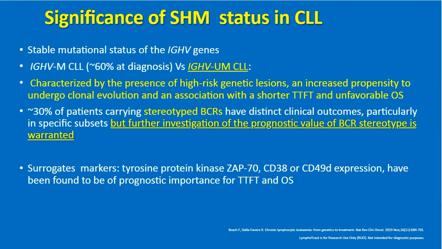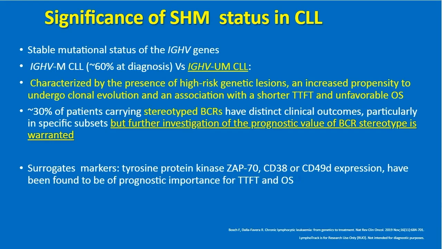And the rest, the unmutated CLL, is characterized by high-risk genetic lesions that contribute to more progressive disease, and also render the disease more prone to clonal evolution. It is also associated with a shorter time to first treatment and overall unfavorable survival.